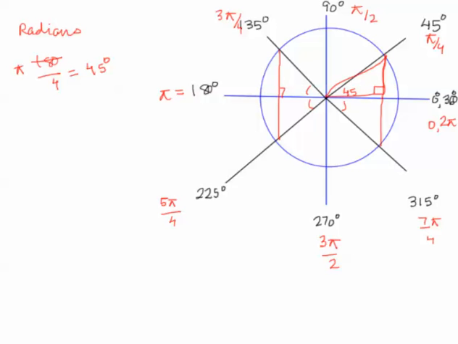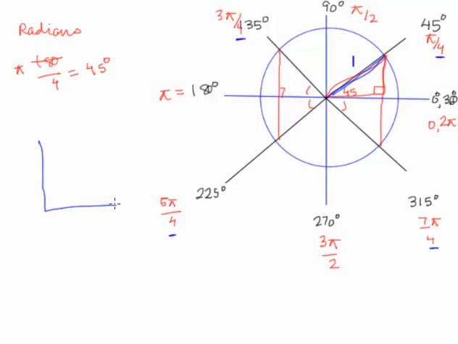So the idea here is that everything on the unit circle that has a denominator of 4 is going to have the exact same ordered pair because they all refer to the exact same triangle, the 45, 45, 90. So if my radius here is 1 unit, then my sides would have to be, take the hypotenuse and divide by the square root of 2.